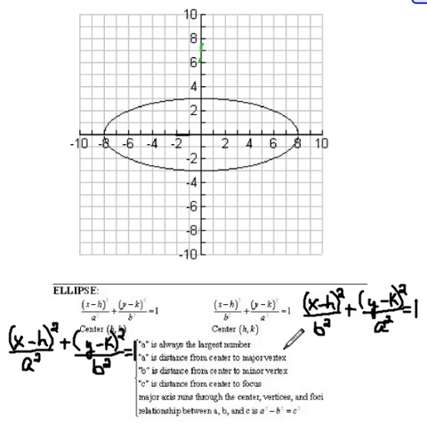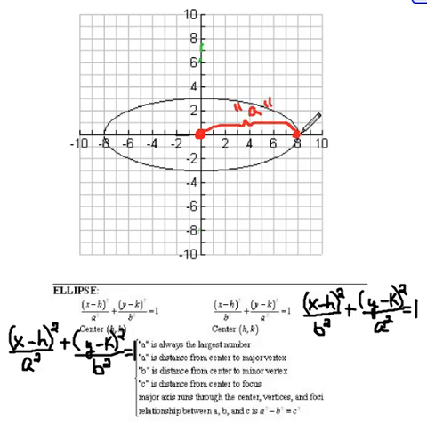The reason is that a is always the largest number when we're talking about ellipses. A is also the distance from the center to the major vertex. So, for instance, if here is my center in this ellipse, then a would be the distance from the center to this major vertex.